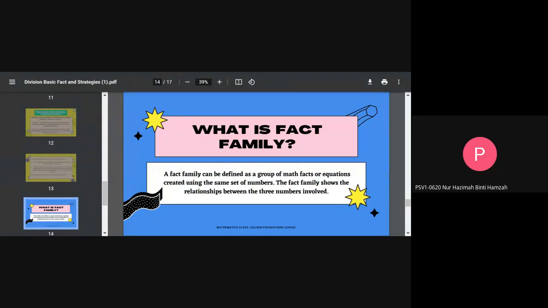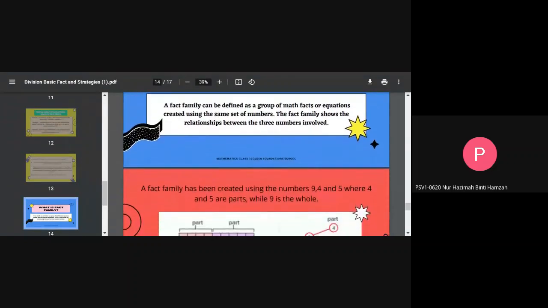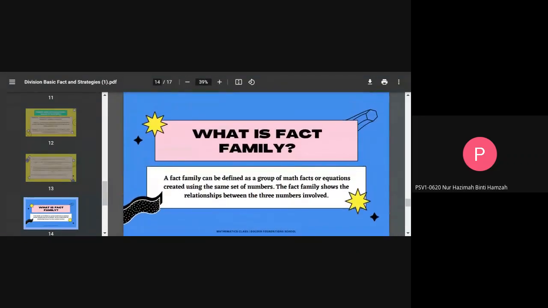So for example, the parts are 4 and 5, then 4 plus 5 is 9, and 9 is the whole. The same goes for subtraction, where 9 minus 5 is 4, and 9 minus 4 is 5. Next slide, please.